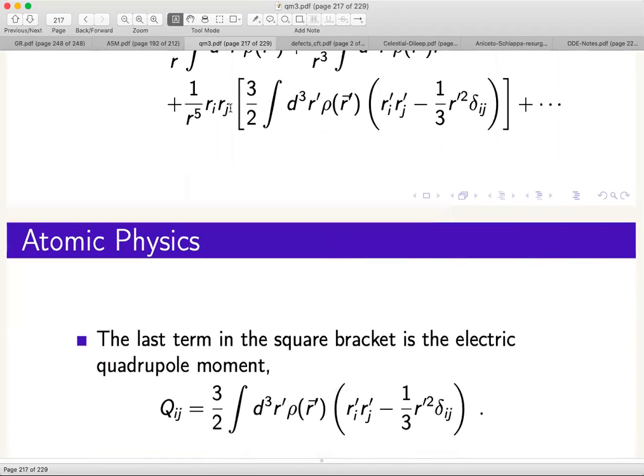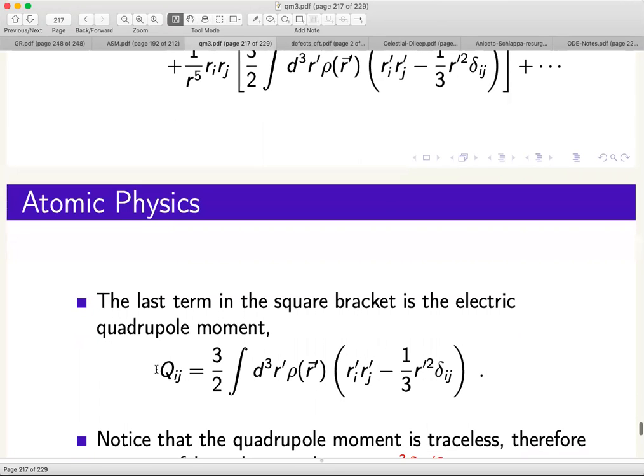So this term in the square bracket gives you the quadrupole moment, which is written like this. I have just explicitly written it out here.